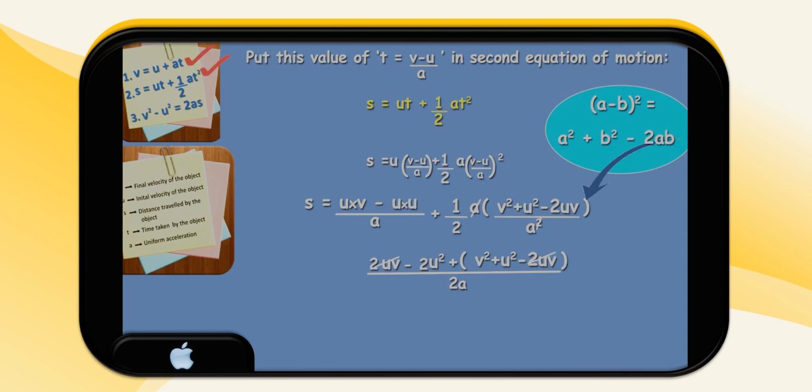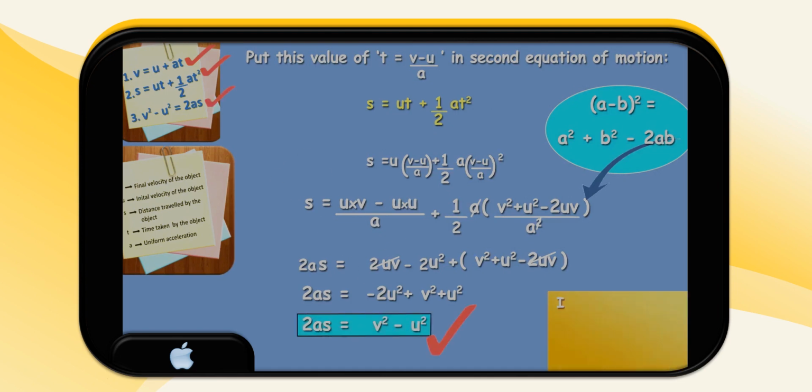So we get 2as = 2uv - 2u square + v square + u square - 2uv. 2as = -2u square + v square + u square, which gives 2as = v square - u square, which is the third equation of motion. It gives the relation between the velocity and the distance traveled by the object.